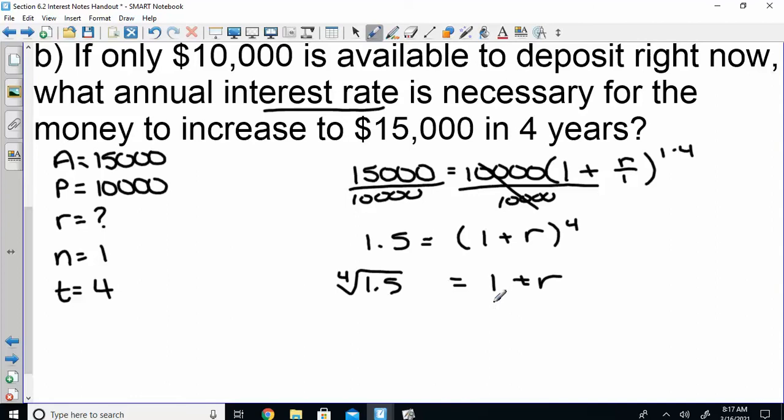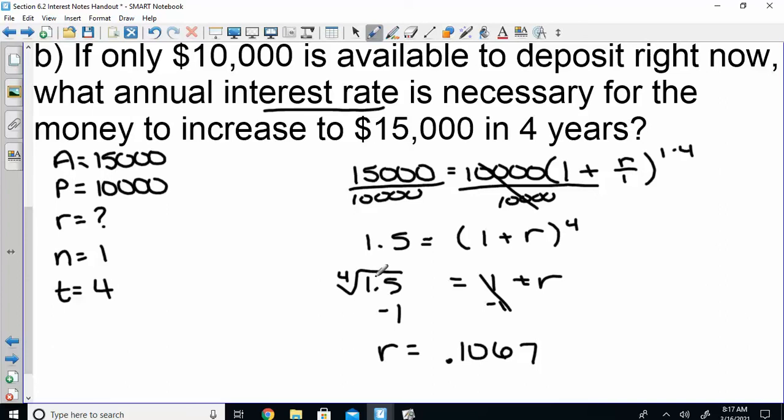And then how would I get rid of my 1? Subtract it. So what I'm doing on my calculator is the 4th root of 1.5 with the minus 1 on the end. That minus 1 is not under the radical. Okay.